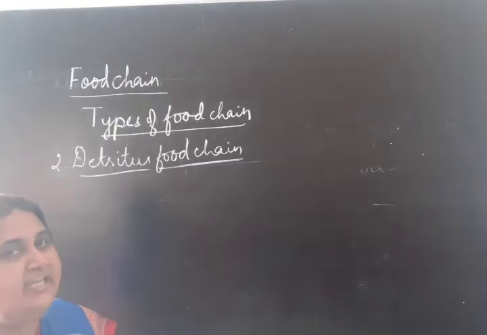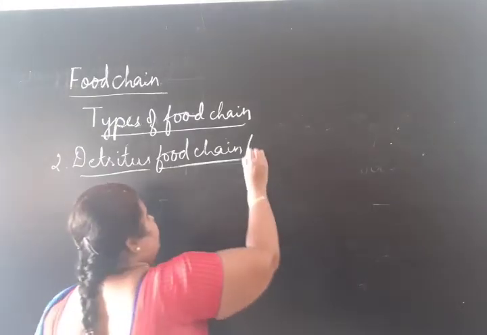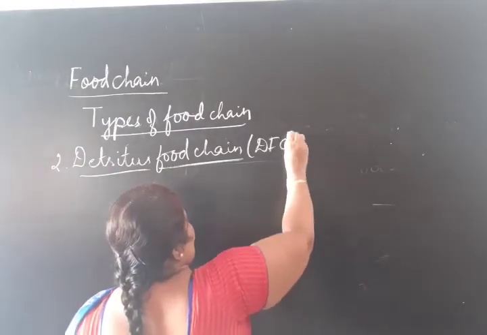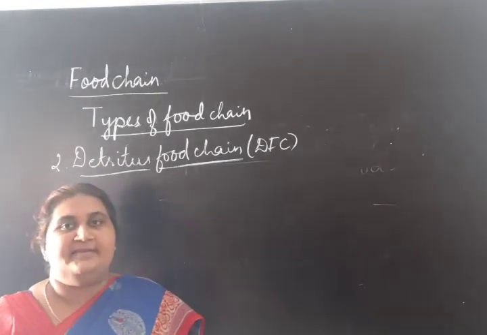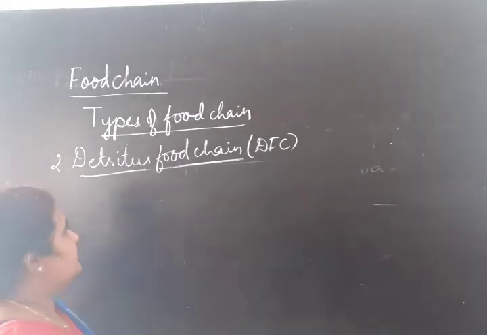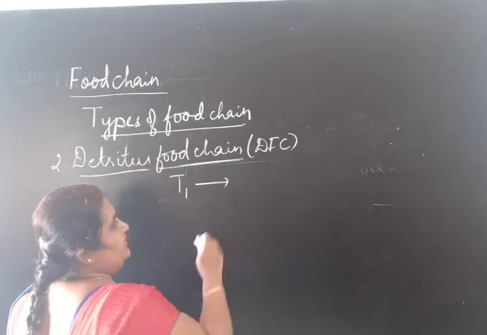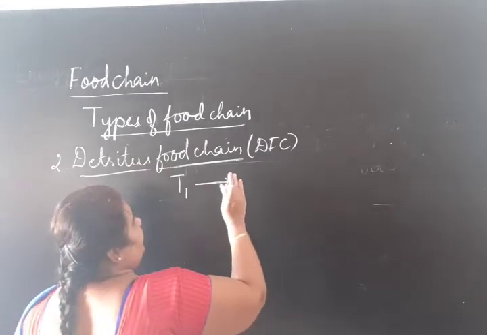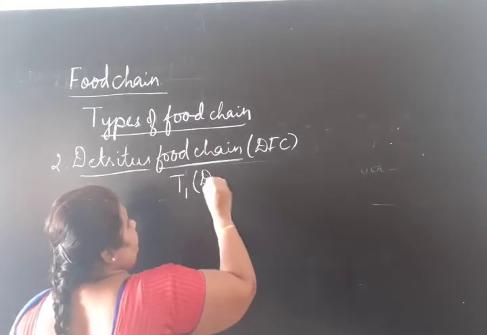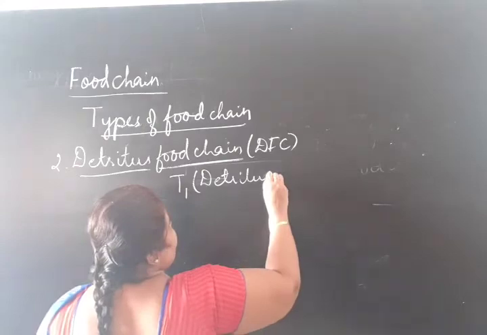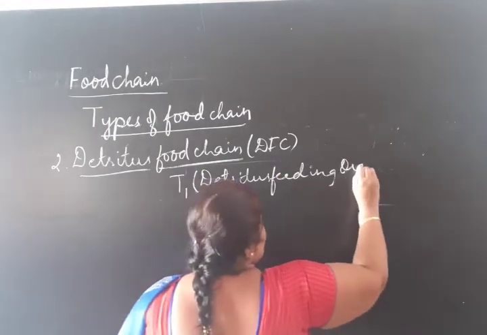The second type is the detritus food chain, DFC. The first trophic level in the detritus food chain is occupied by detritus feeding organisms.